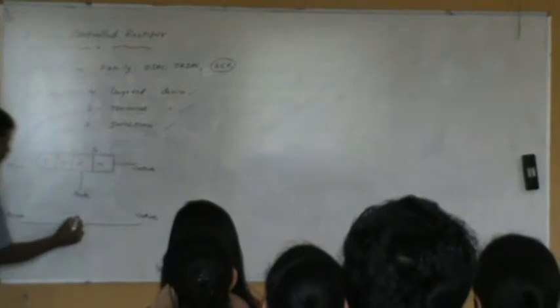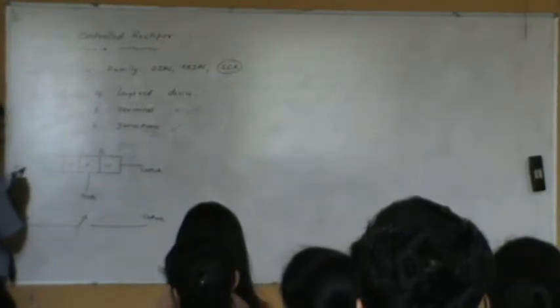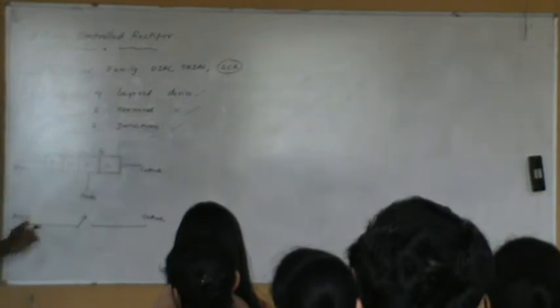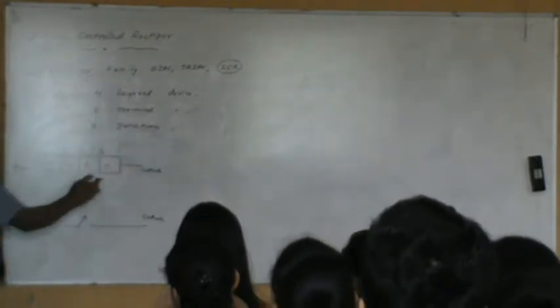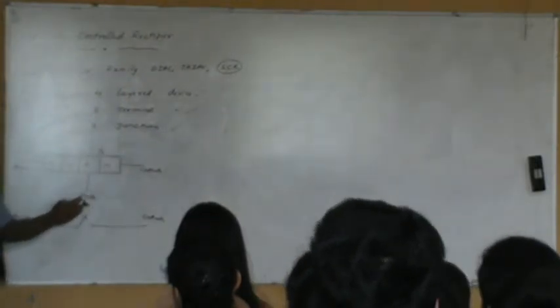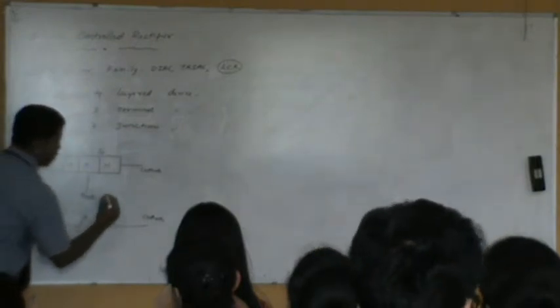If you don't apply a gate voltage, it will be a normal open switch like this. That means if you apply voltage between anode and cathode and make the current flow, the device behaves in this manner. If you want to make this device conduct, you apply some small gate pulse here, a pulse of this type, 0 to high level.